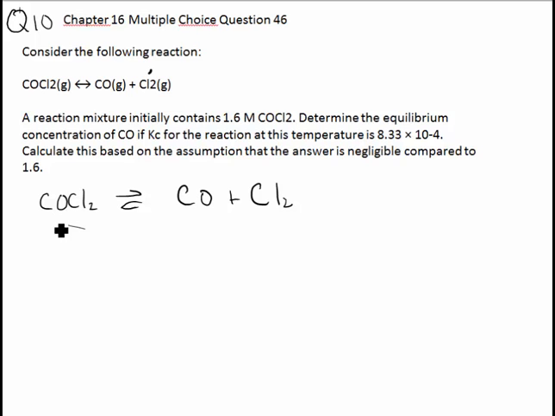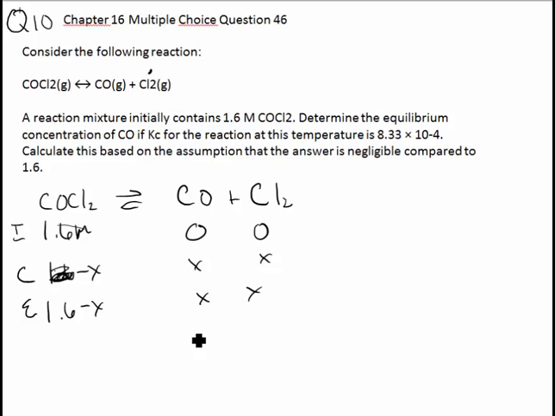And we're told that we start with 1.6 molar, and so that's our initial concentration, 0 concentration of these two, and then our change as we jump across those arrows will be minus X, and then we're going to gain X, and we're going to gain X there, and at equilibrium it is 1.6 minus X, and we end up with X over there.